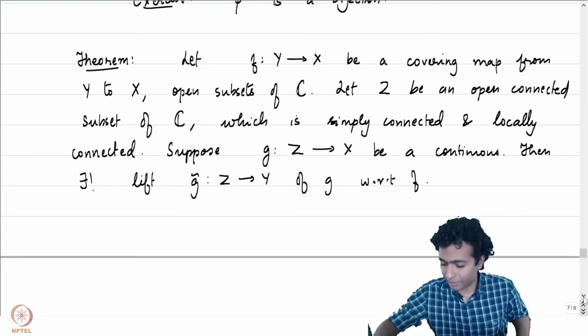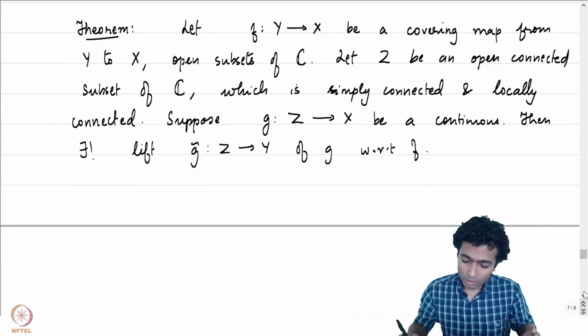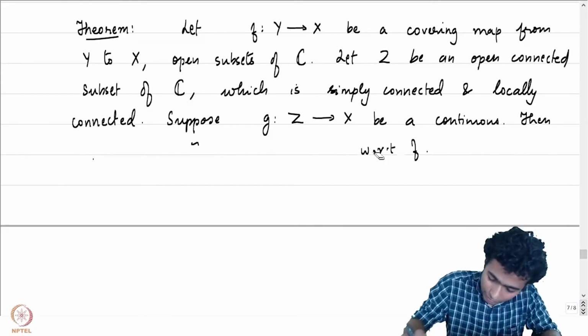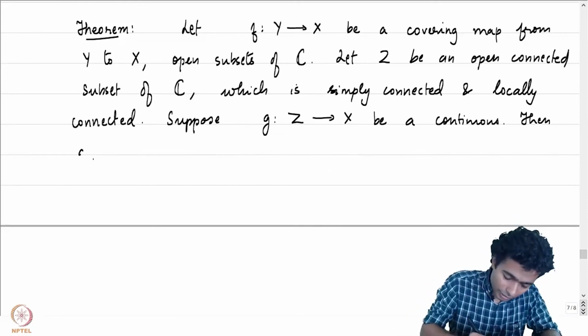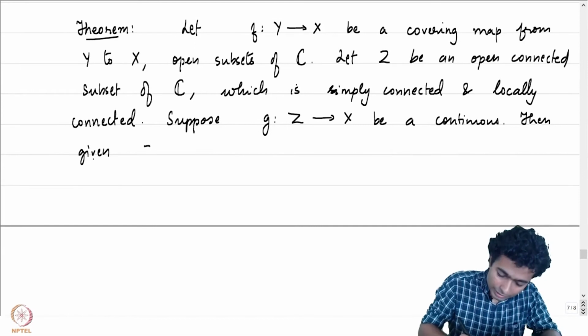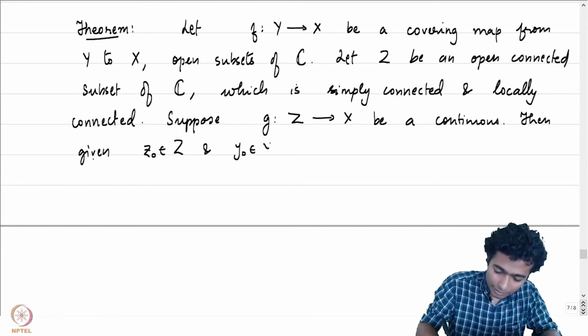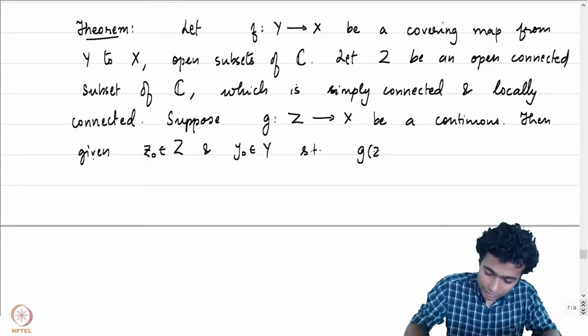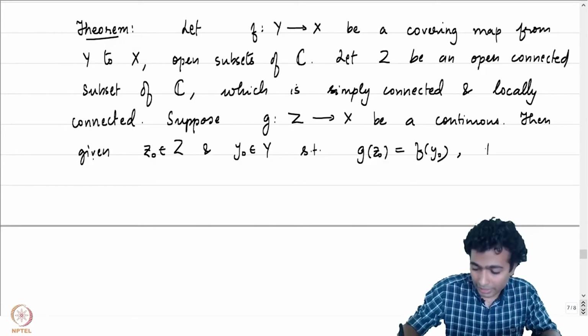Let me just draw the picture. Further, uniqueness, maybe I should correct this a bit. Then, given two points Z0 in capital Z and Y0 in capital Y, such that G of Z0 is the same as F of Y0, then there exists a lift.